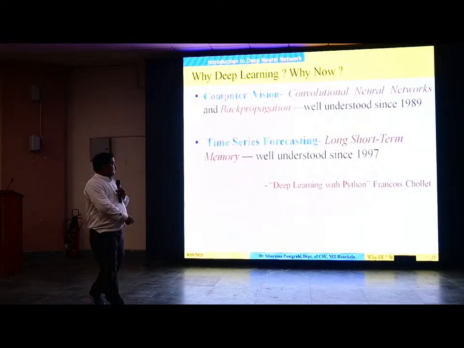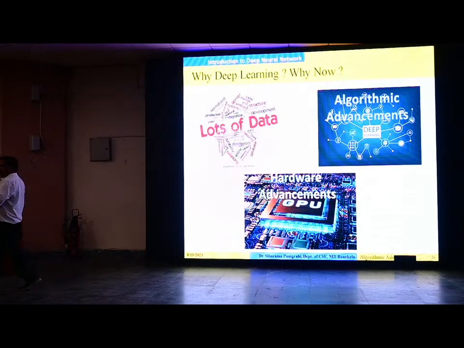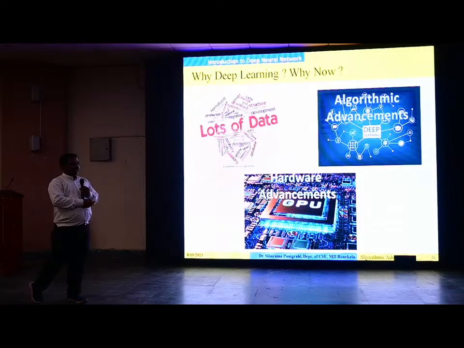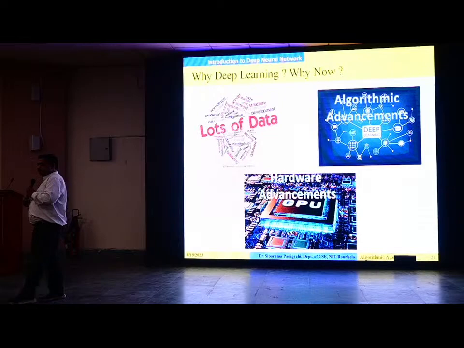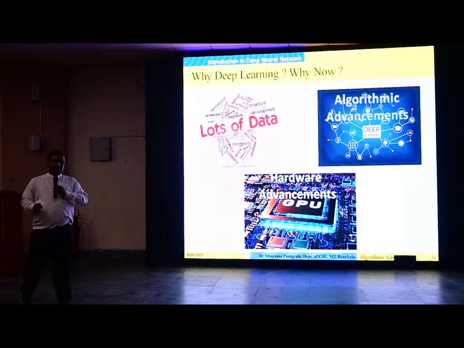The answer to this question is there are three things. One is due to the boom of internet, there is lots of data. Okay. And second one is algorithmic advancements that have taken place which popularized the deep learning models. And the third one is hardware advancements. So you see the deep learning models require high computational overhead.